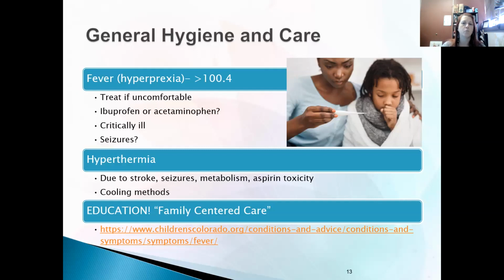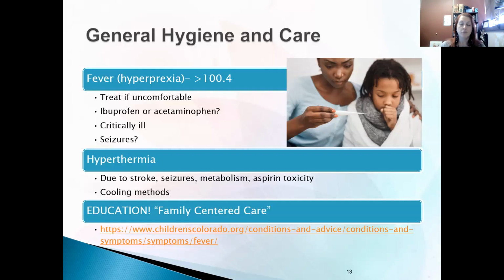So anything that damages the brain, so that set point is higher than it should be. Treating it is going to be different depending on whether it's hyperpyrexia versus hyperthermia. With hyperpyrexia, because it's an inflammatory process, using ibuprofen or acetaminophen can be effective at treating the elevated temperature.